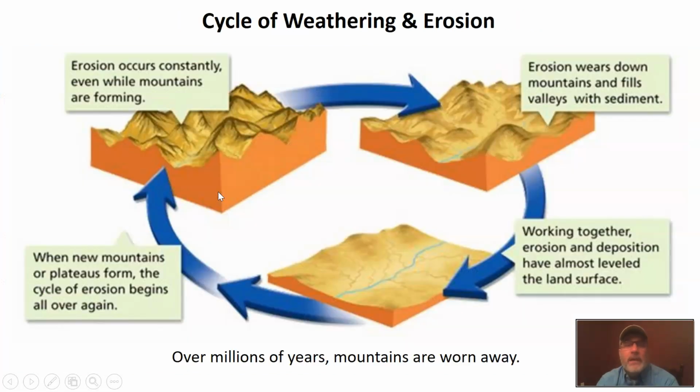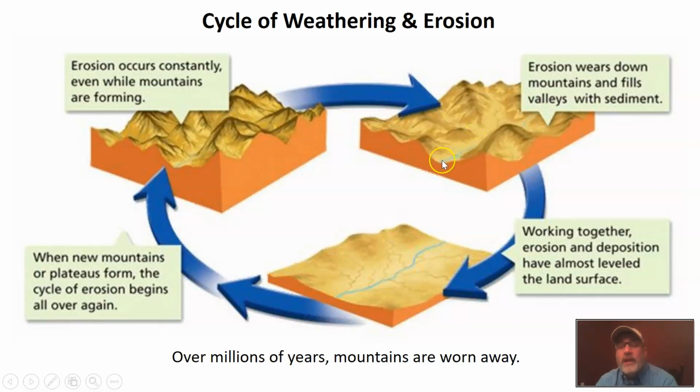Try to keep in mind too that this is a process that's happening all the time, if we think globally. We're going to start with some mountains, and the mountains are going to be broken down by both weathering and erosion, and they're going to get smaller. So as the mountains are broken down, these valleys are going to fill with the sediment, right?